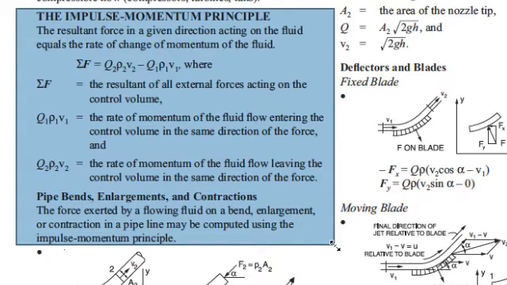So what we're dealing with here is basically the flow Q, the volumetric flow rate, times the density times the velocity 2 minus the velocity 1. So let's just deal with that equation.